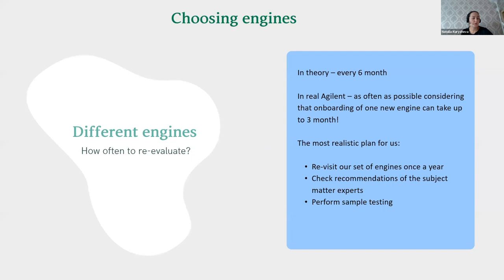Another thing which one should think of is how often to reevaluate your choice of engines. Theory says that you should do it every 6 months, but Agilent reality says differently. In Agilent, onboarding of one engine can take up to 3 months, and this includes IT checks and legal checks.